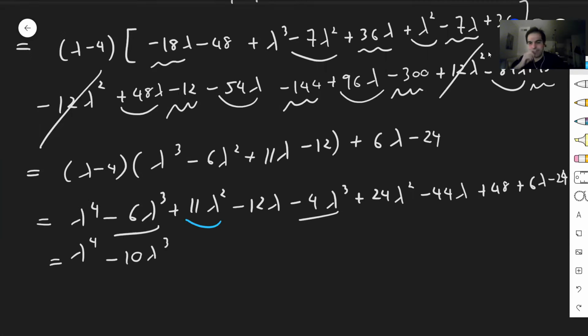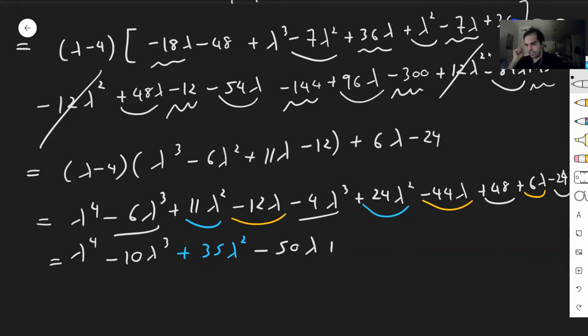So 11 lambda squared, 24 lambda squared, so I think that becomes 35 lambda squared. And then, let me see, so we have the lambda terms come together, minus 44 lambda, 6 lambda, and then we get minus 50 lambda. And then lastly, just the lonely numbers, so 48 minus 24, so that's plus 24.